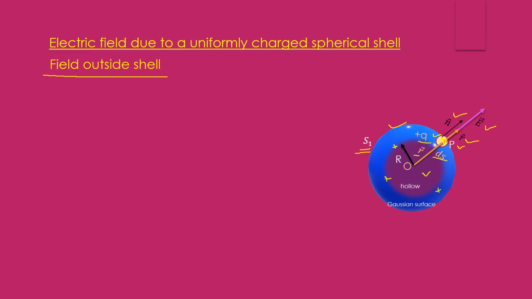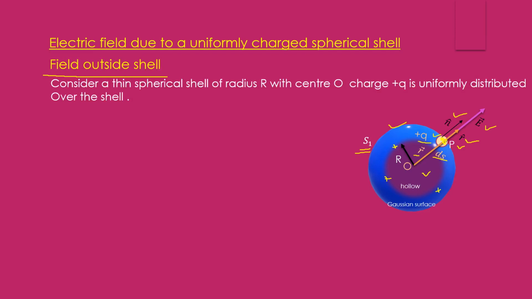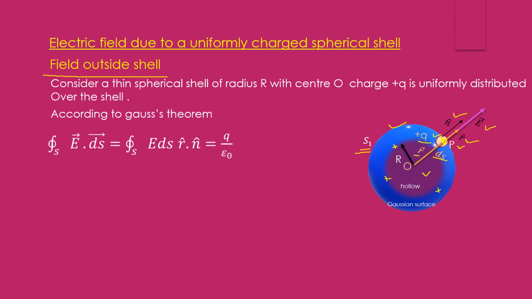So according to Gauss theorem, total electric flux over a closed surface S, that is integral of E dot ds, equal to surface integral over the closed surface of E ds r cap dot n cap. The electric field vector E is equal to E into r cap. E is the magnitude, r cap is the direction. Ds vector is written as ds into n cap.